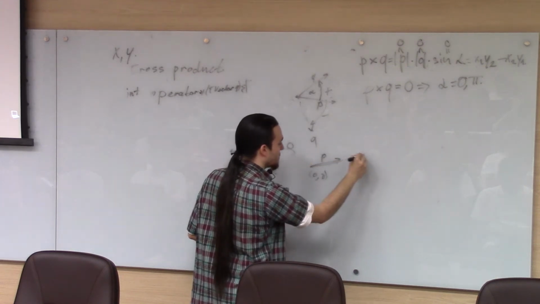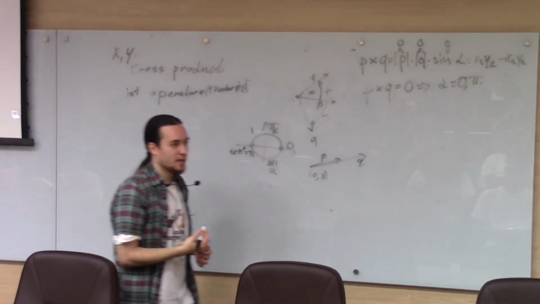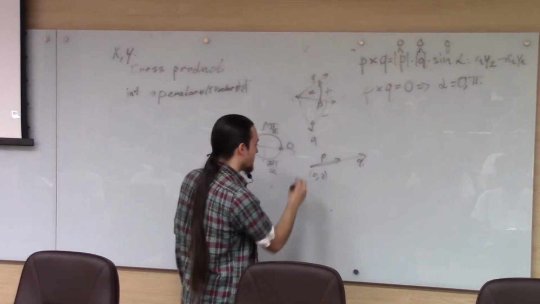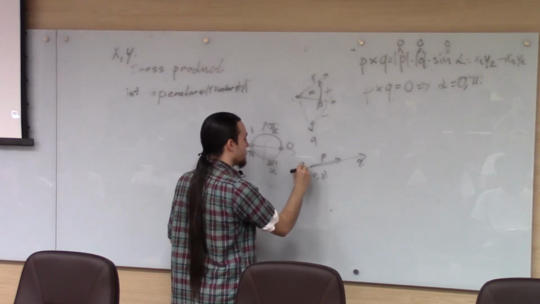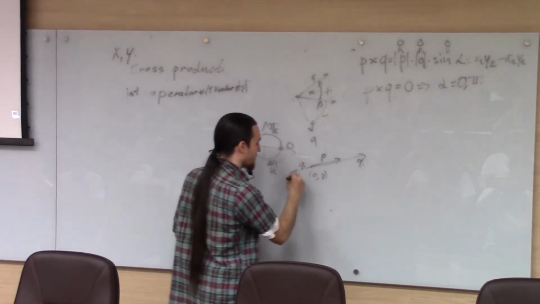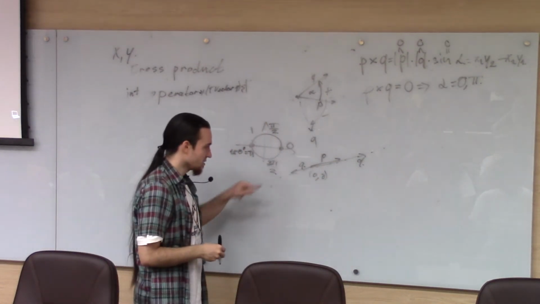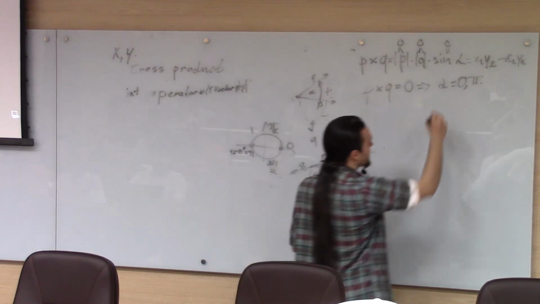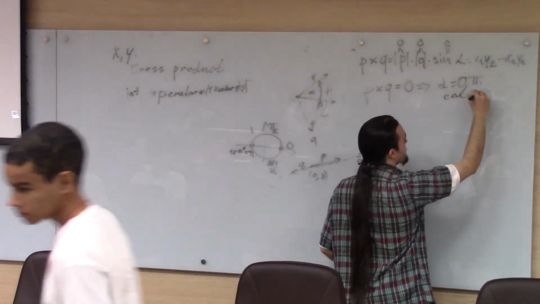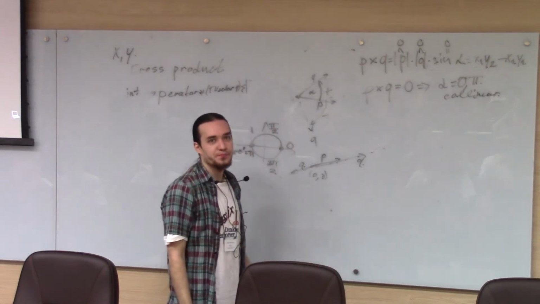If p and q are looking in the same direction, so they are co-directed, or they're looking in the opposite direction. These 2 cases are covered by the fact that they lie on a common line. So these vectors are called collinear.